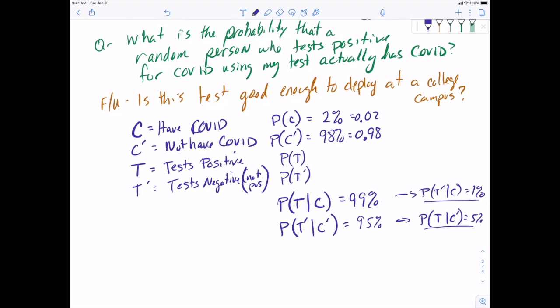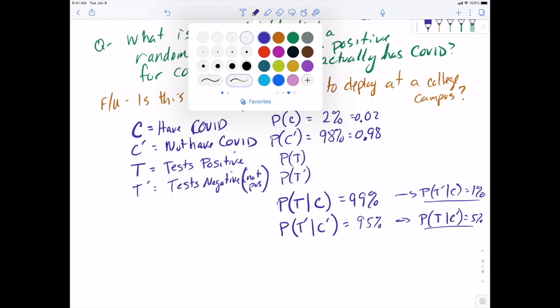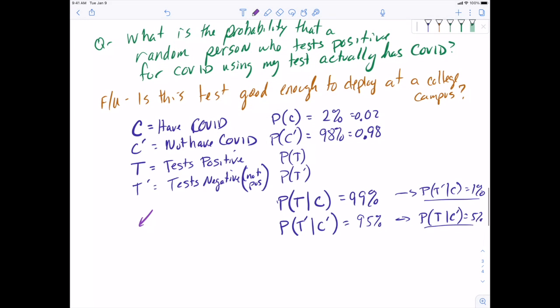We're trying to find, let's use a really different color, this one, blue, the probability that you have COVID given that you have a positive test. So we're looking for this, right?